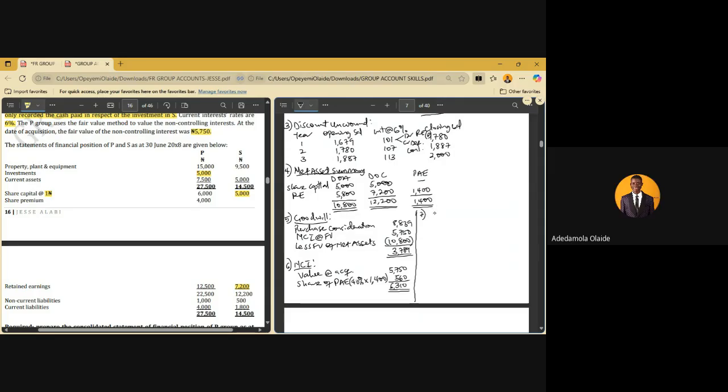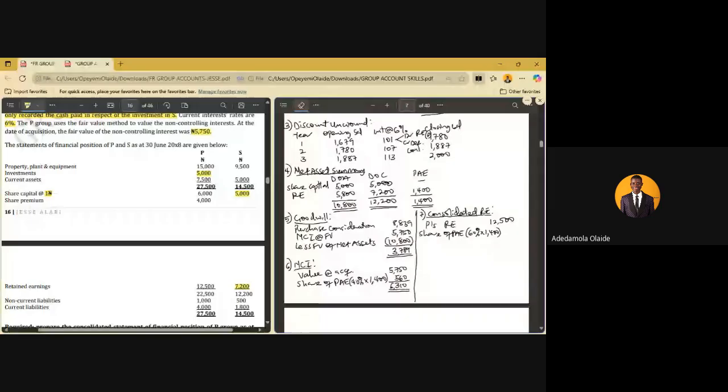So note 7 will calculate consolidated retained earnings. P's retained earnings will be 12,500. Then we add share of post-acquisition earnings. P would have taken 60% of the 1,400.